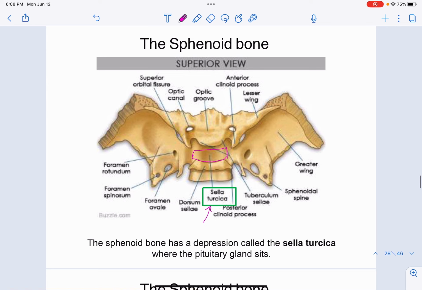There's this region here that I've kind of highlighted in pink called the sella turcica. That means in Latin, Turkish saddle, because it looks like a saddle you would put on a horse. And that is where the pituitary gland sits.